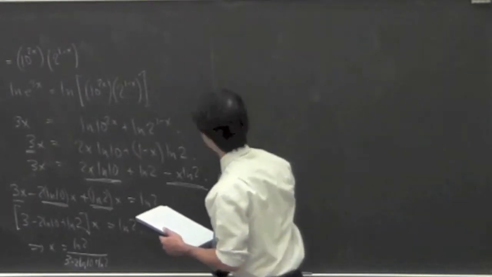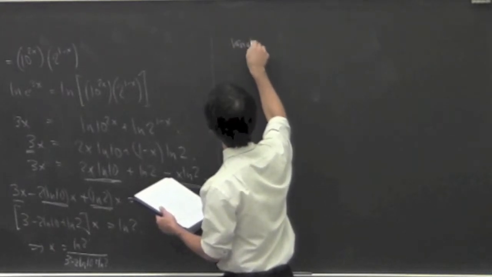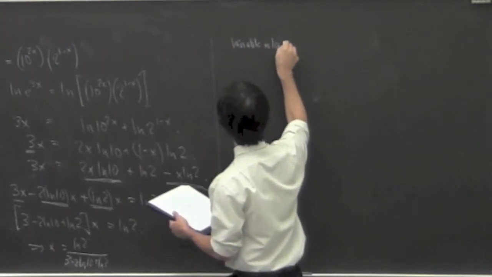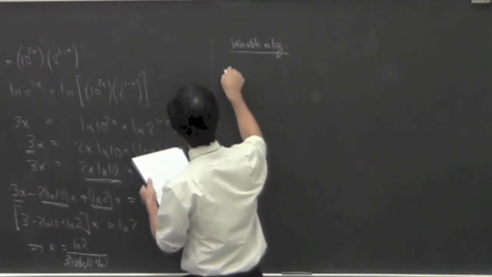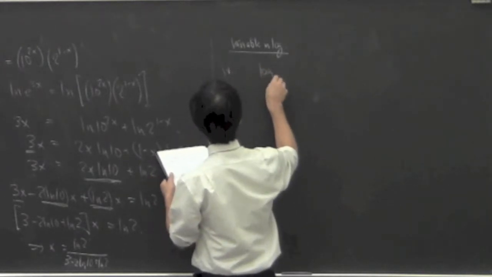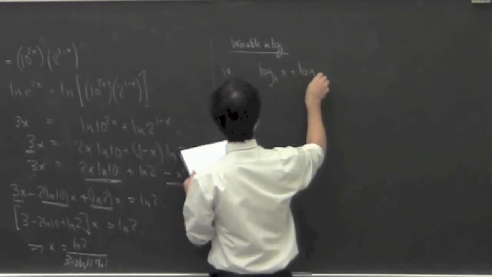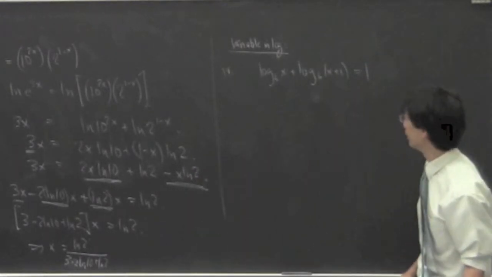Okay. So now let's do the second one, the variable in the log. We did one example, and then we have the slightly more complicated example, which probably will not be all that complicated. So here it is.